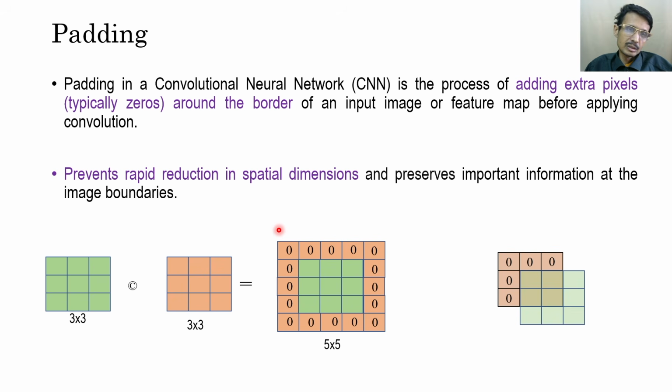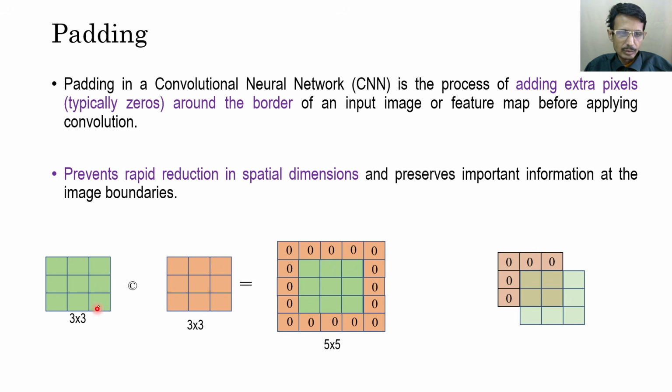Next, before we go to the next model, we want to introduce one concept called padding. Padding is a concept that very frequently comes up in deeper neural networks like CNNs. It means adding extra pixels, typically zeros. Now, when does it come into the picture?